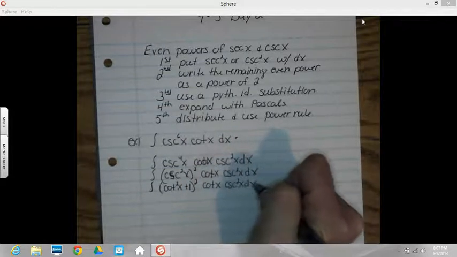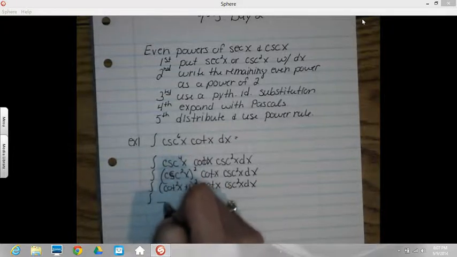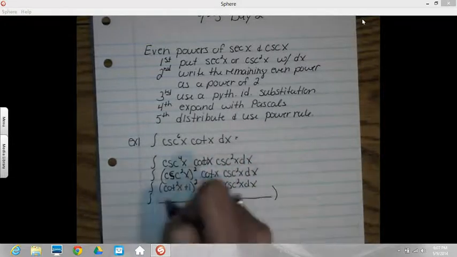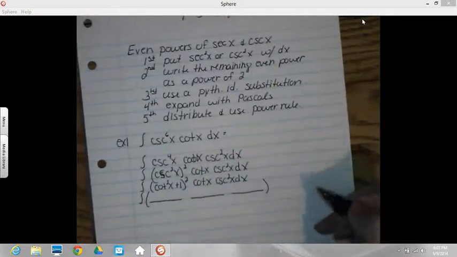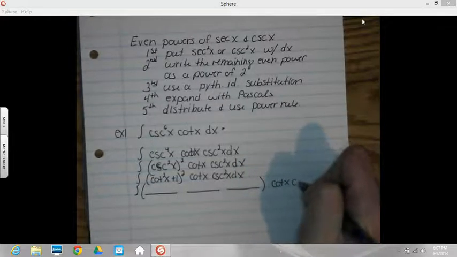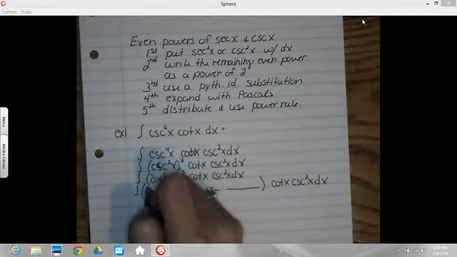Okay, squaring using Pascal's triangle, I know it's going to have the 3 terms. Still have this hanging on the end, cotangent, cosecant squared. Okay, I've got the coefficients of 1, 2, 1.